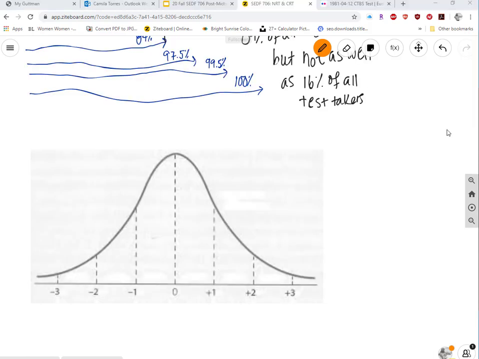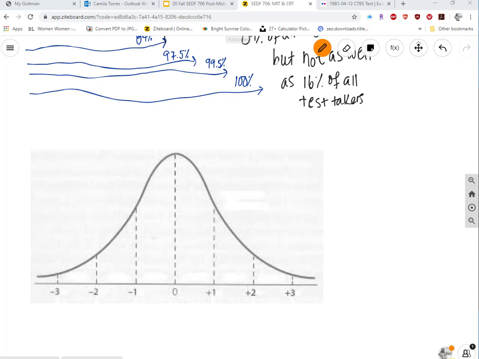Another advantage to working with the normal curve and normalized test scores is that there is a standard reference used to discuss students relative to one another that is not dependent on the raw scores, and those are z-scores.